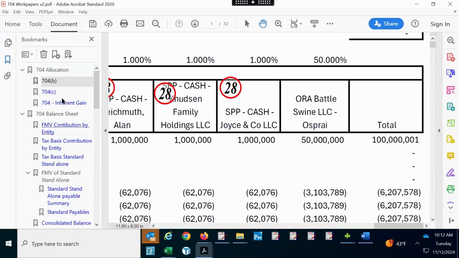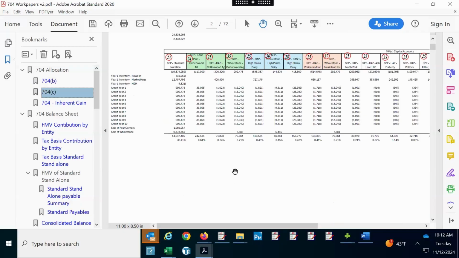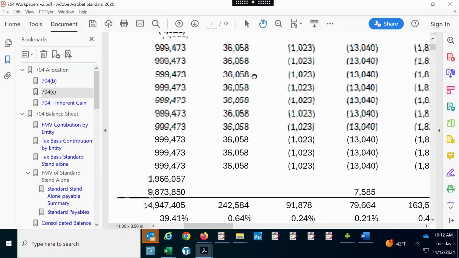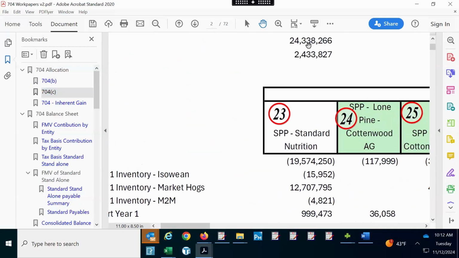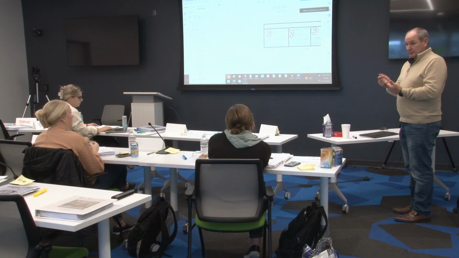I have cash contributors, and I go to my 704C account, and I've got only 2.4 million of depreciation that's available. If I was using the traditional method, would I bump into a ceiling, Brett? If I was using traditional with curative, I can add assets later, which would have worked, by the way, because a minute after the formation of this, they bought a target for $100 million. So there would have been a lot of assets.